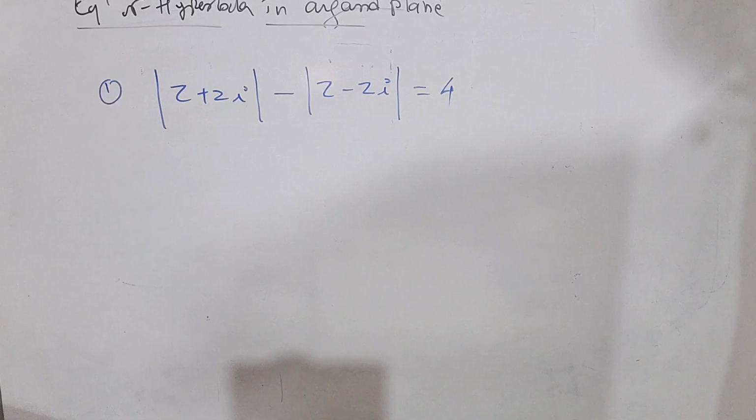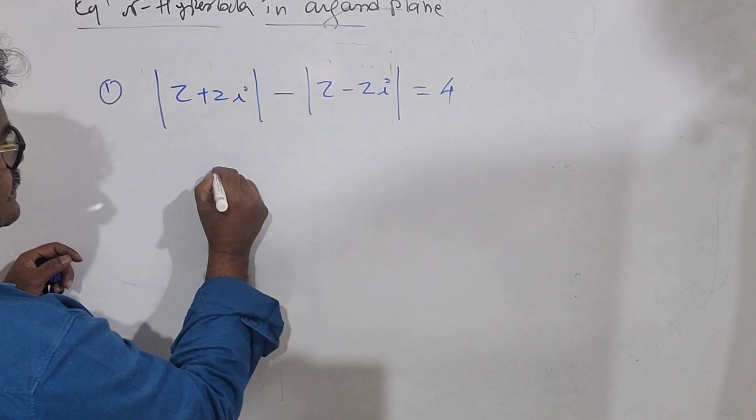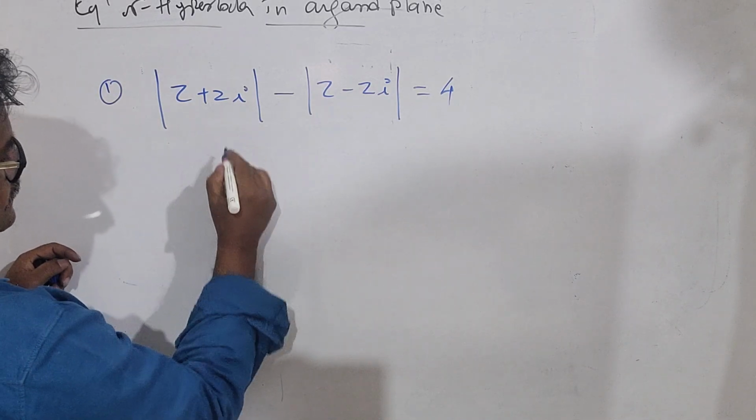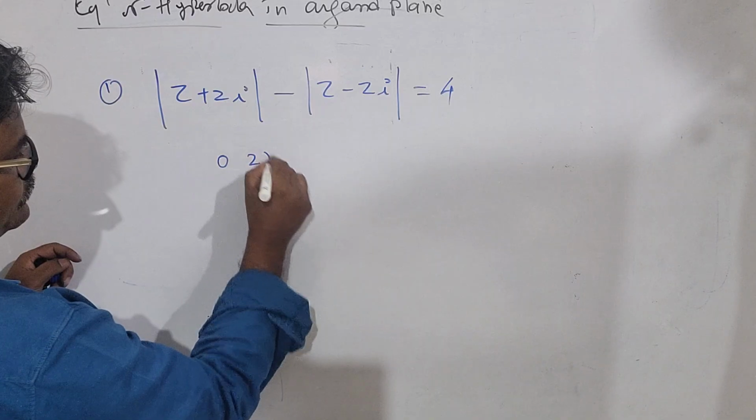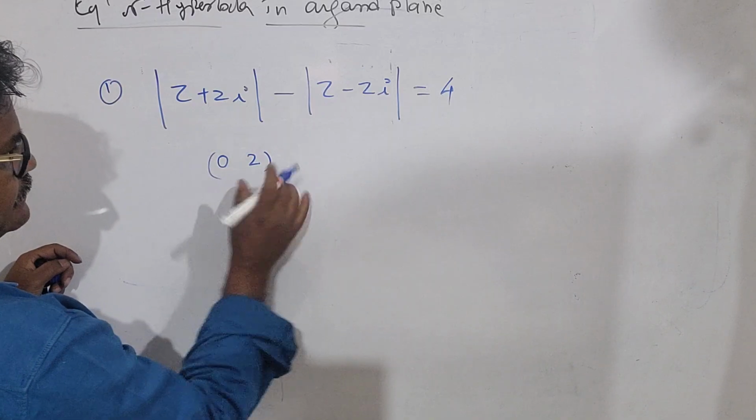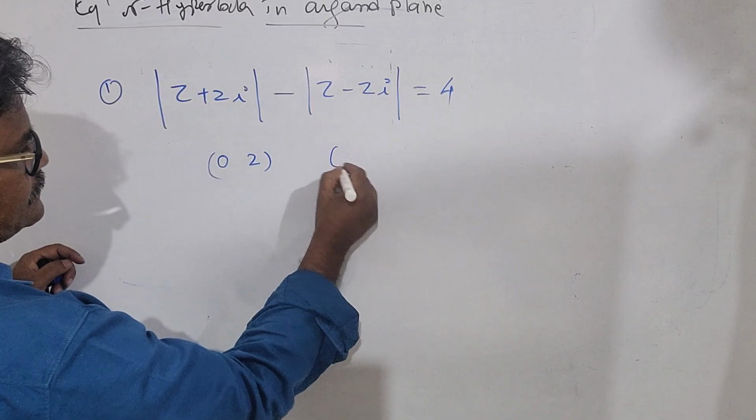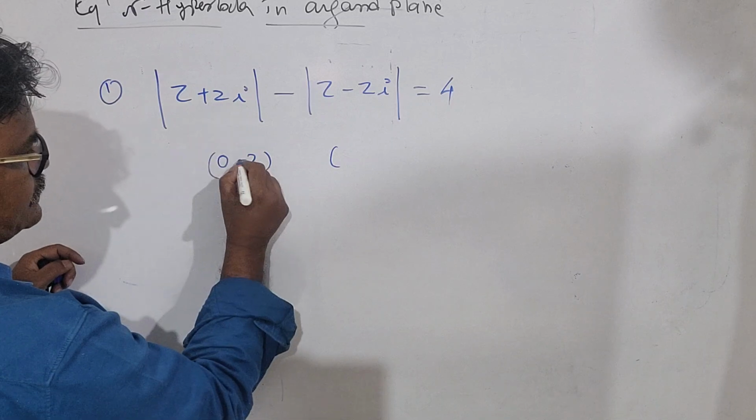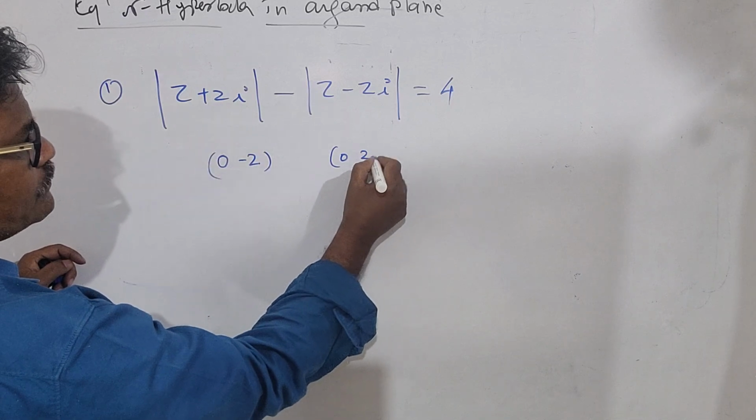So see, this is minus 2 iota, that is 0 comma minus 2 in coordinate plane, and this is 0 comma 2.